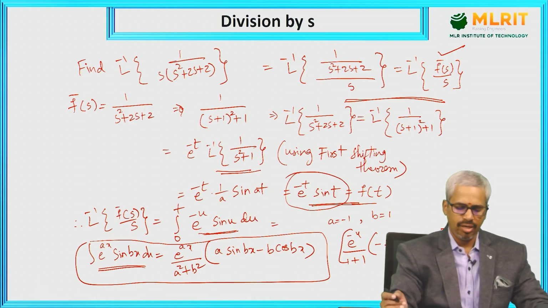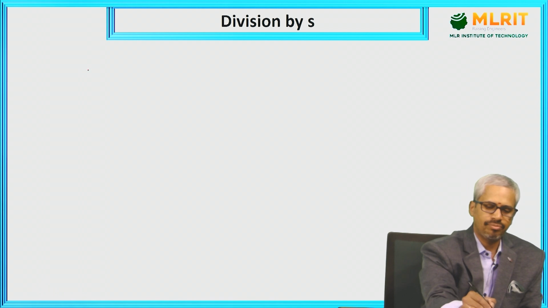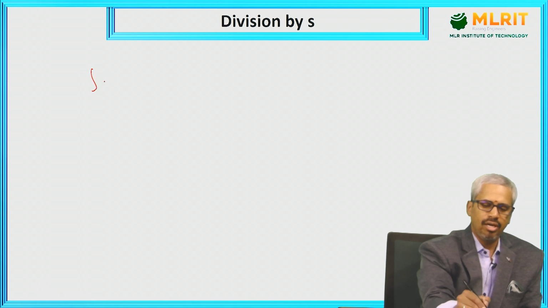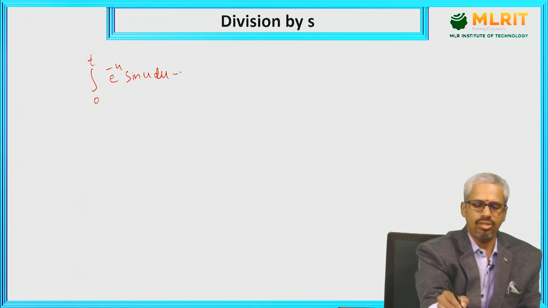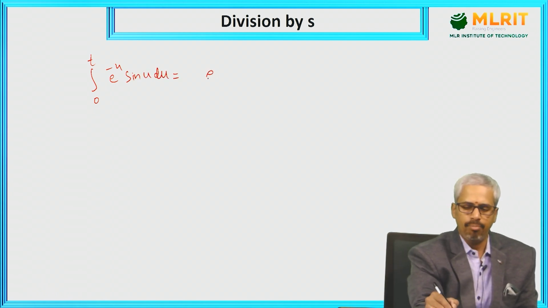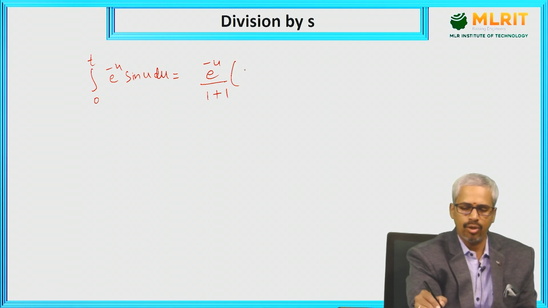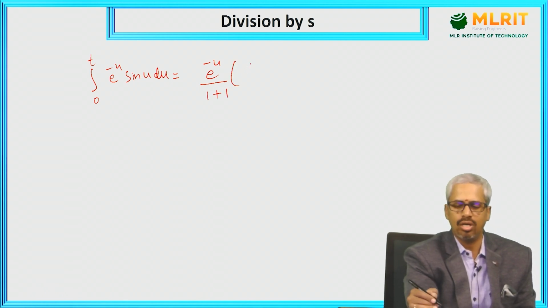So, once again we write integral 0 to t e power minus u sin u du. This can be written as e power minus u upon a square plus b square into (a sin bu minus b cos bu). A means what?